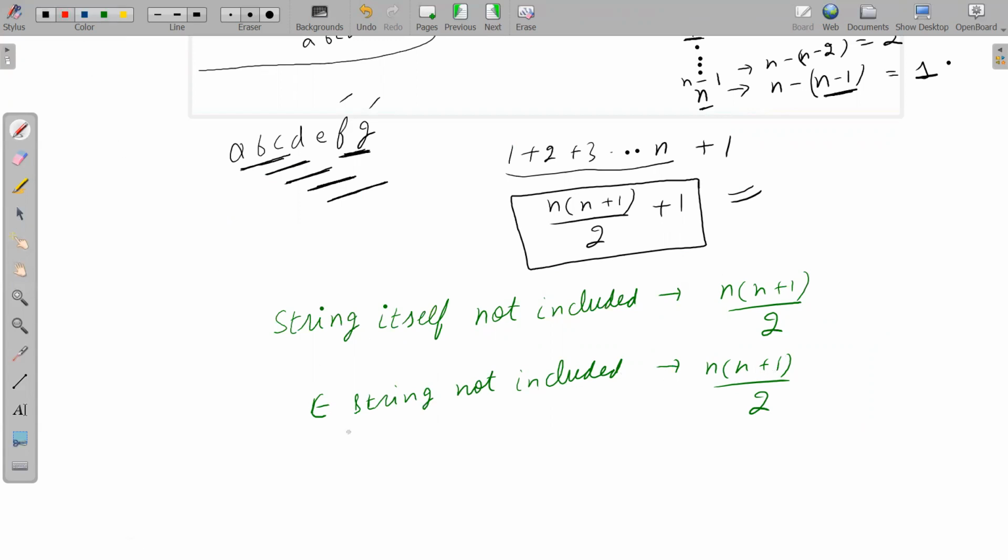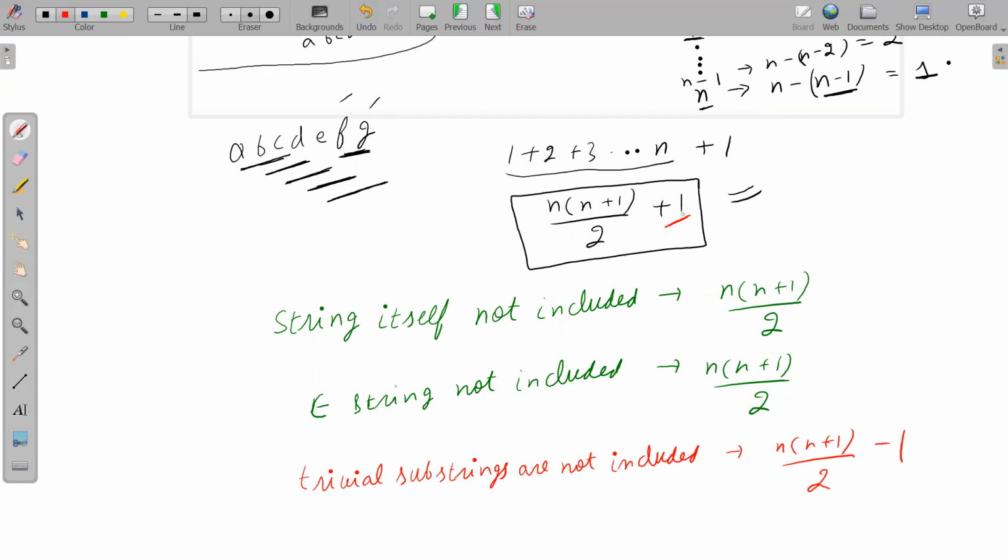Now if the question says trivial substrings are not included, then what will be the answer? n into n plus 1 by 2 minus 1. Why do we have minus 1? Because we are doing plus 1, so this one will be subtracted.